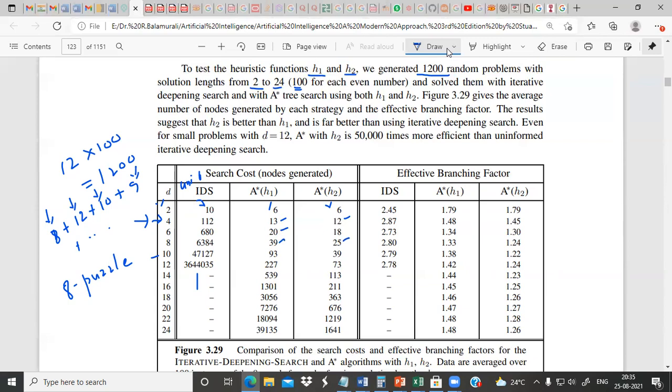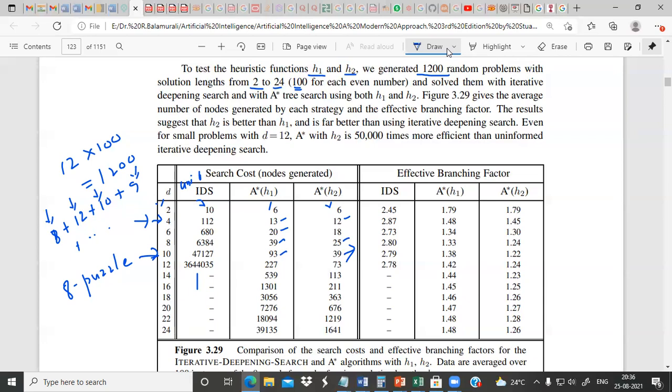For depth 10, with H1 the average number of nodes generated for all the 100 problems is 93. Okay, for each depth we have 100 problems, whereas with H2 the average number of nodes generated is only 39. So the point is actually H2 is performing better than H1.